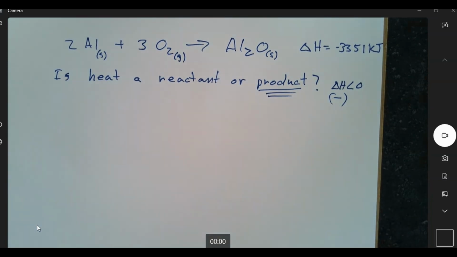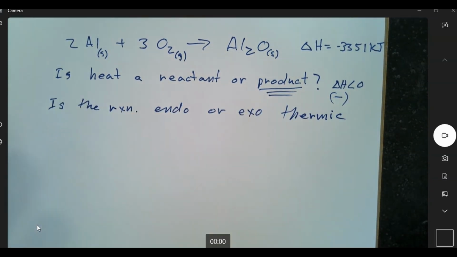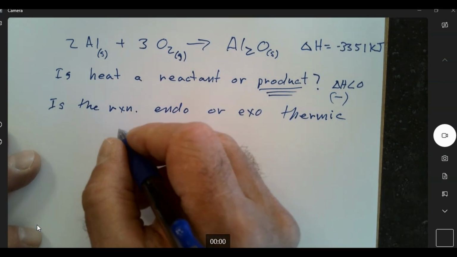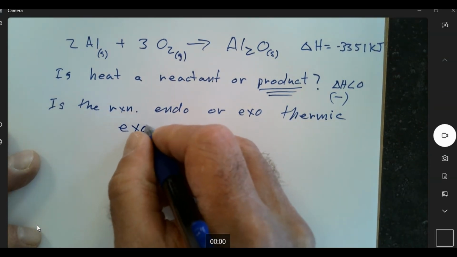Negative sign is less than 0. Normally we just spell the word endothermic or exothermic. I broke it up here a little bit. Is the reaction endothermic or exothermic? Absolutely, it is exothermic.